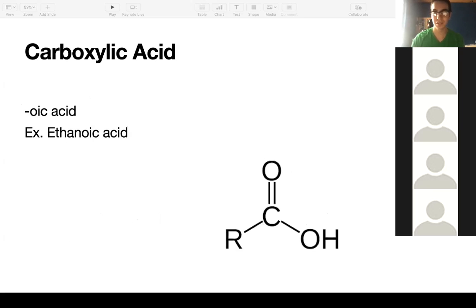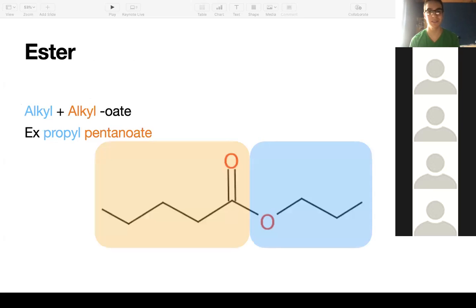Alrighty. So let's see what we got next. Esters. Esters are fun. We name esters with alkyl plus alkyl OH. An example in this case would be propyl pentanoate. You can see I kind of color coded it. What we want to do is draw a line in between the two oxygens. The oxygen with the double bond, this one right here, we're going to use as our parent chain.